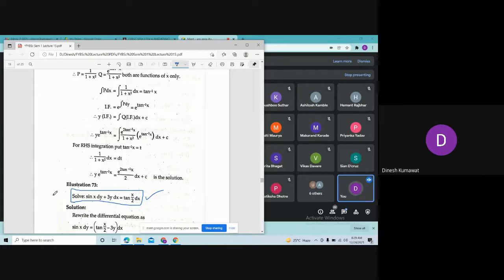So observe this equation and tell me, is it linear in x or linear in y? Yes.